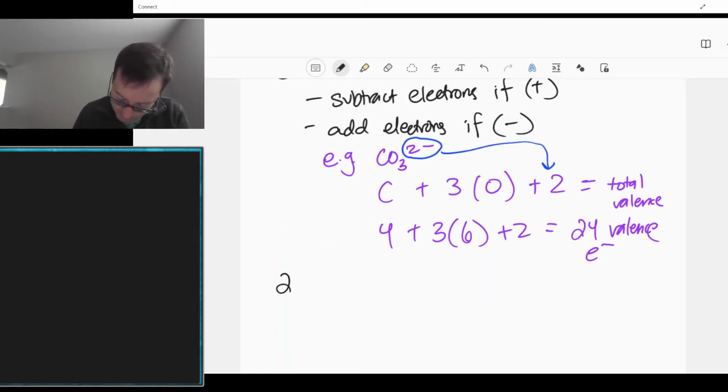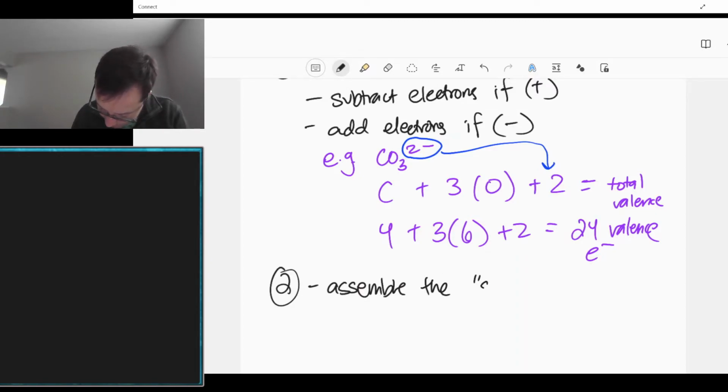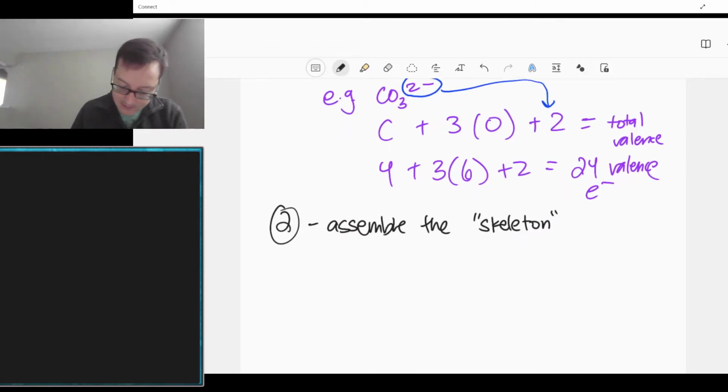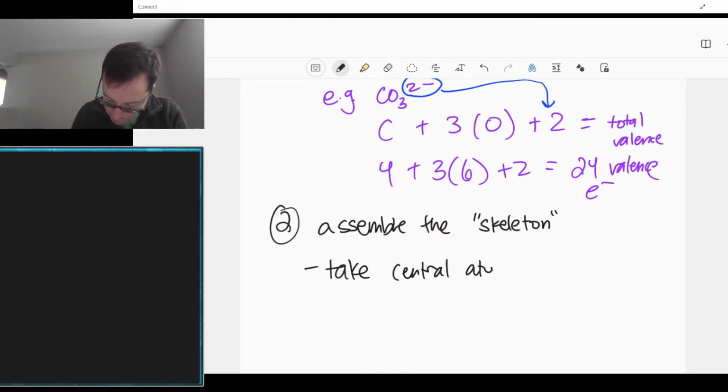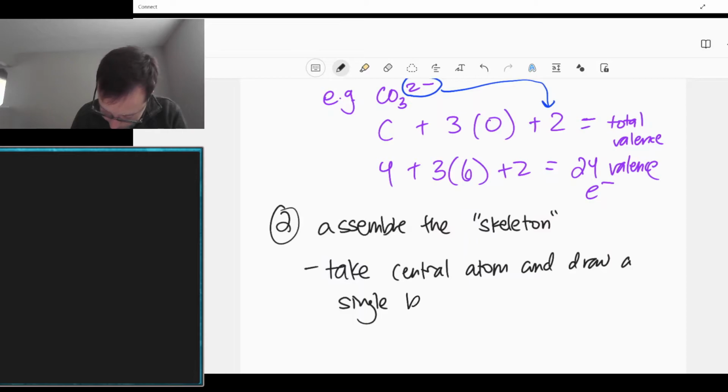Step 2 is assemble the skeleton. And that means that you're going to take your central atom and draw a single bond to all outer atoms.